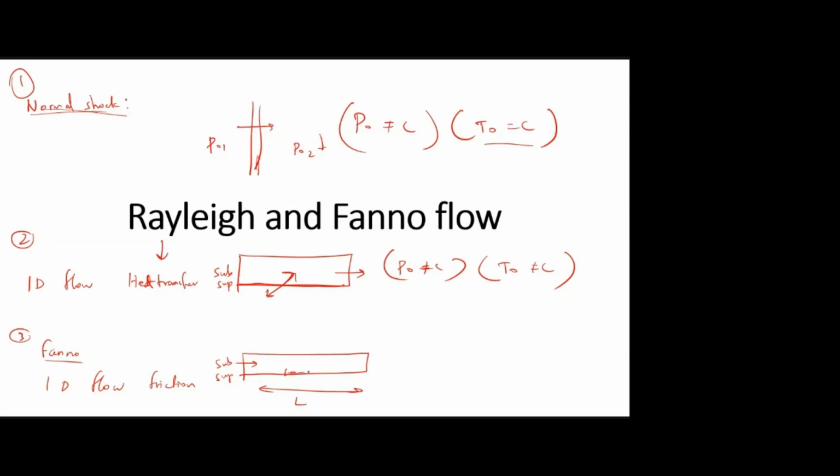Due to the friction, how does the subsonic or supersonic flow change? Here also, due to the viscous effect, there will be a stagnation pressure loss. But here we are not adding or removing any heat, so T naught is constant.